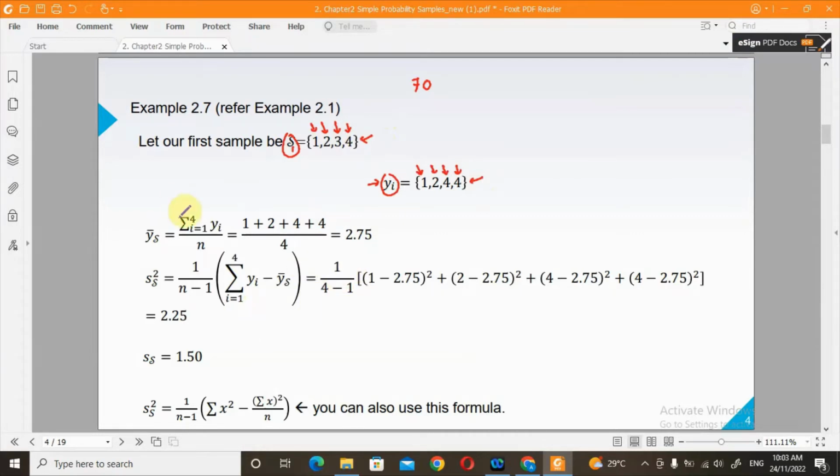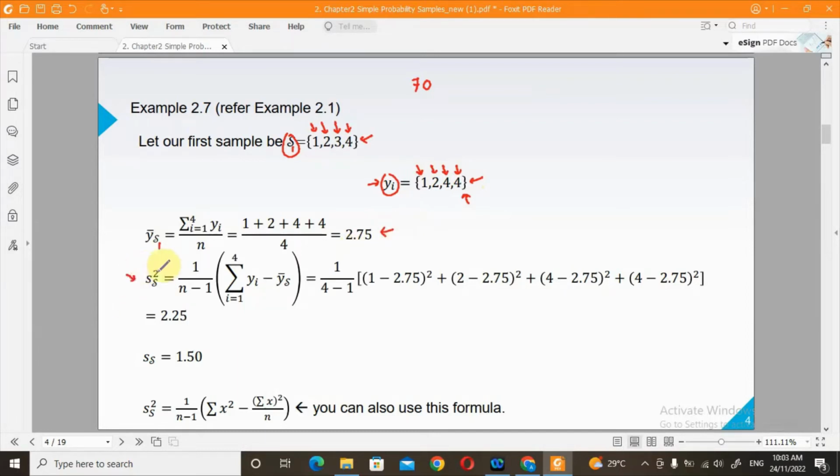First you must calculate the mean of sample number 1. Use these values: 1, 2, 4, 4. So 1 plus 2 plus 4 plus 4 divided by 4, you will get a mean of 2.75, and from there you can calculate the variance.